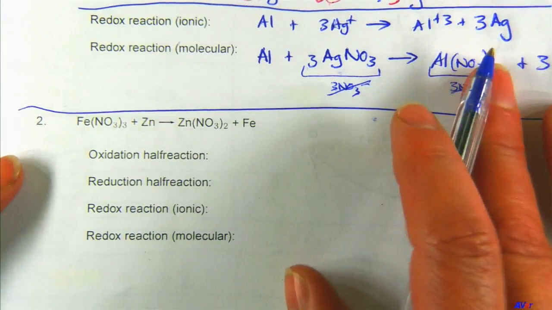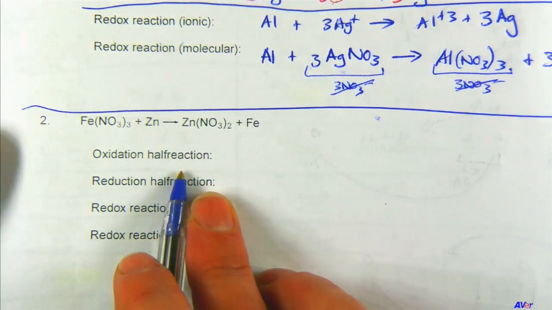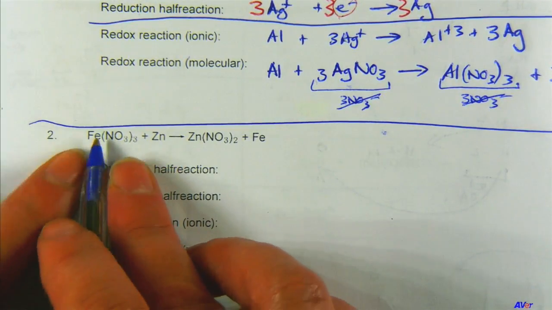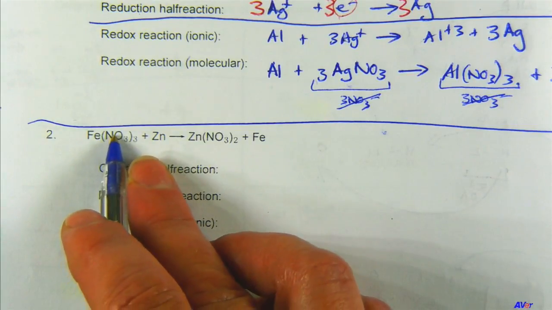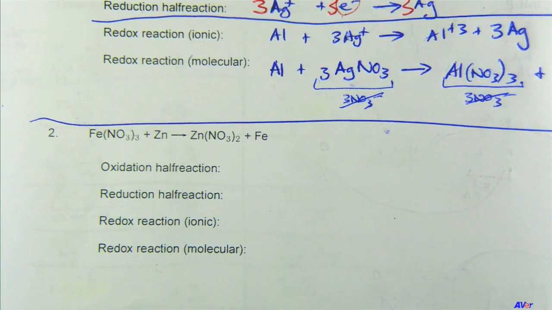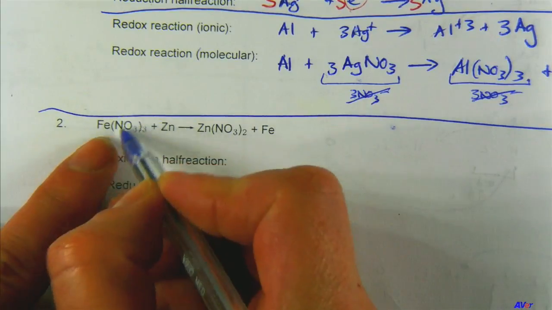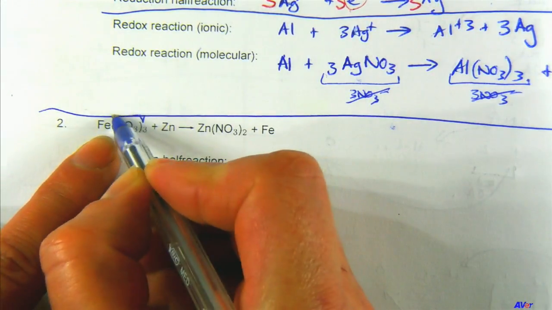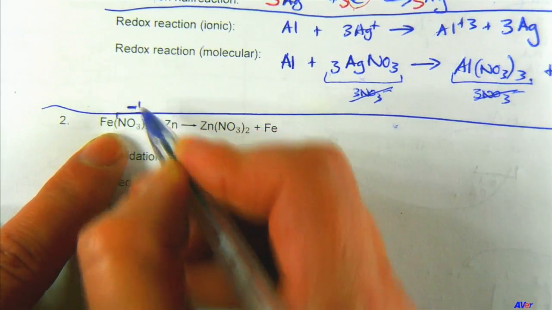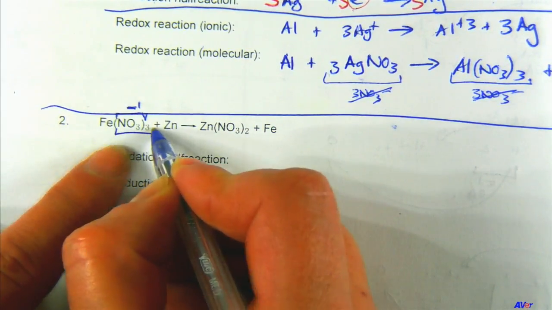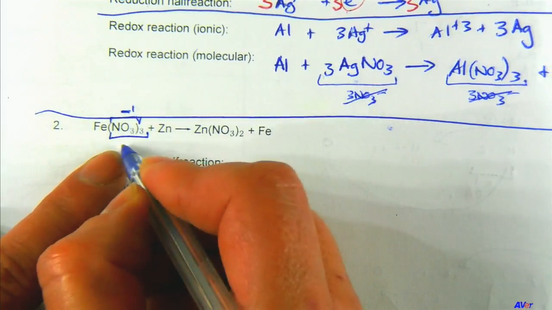Now, I want to have the oxidation half reaction, so let's start with this one, nitrate. What do I know about a single nitrate? Nitrate is altogether NO3 minus, right? So 1 nitrate is a -1. What will 3 nitrates be? -3.